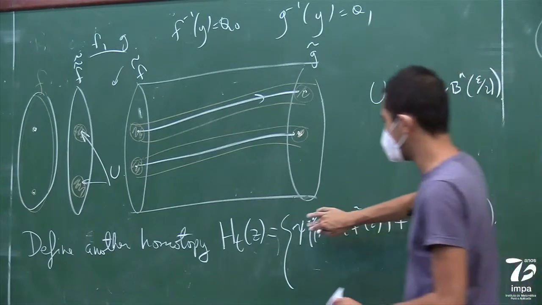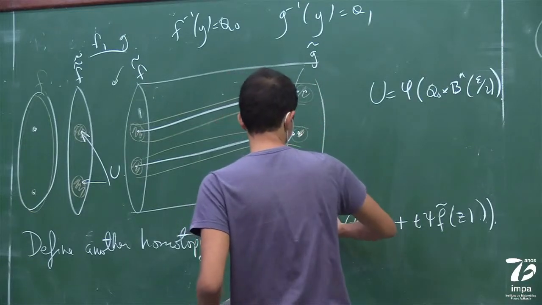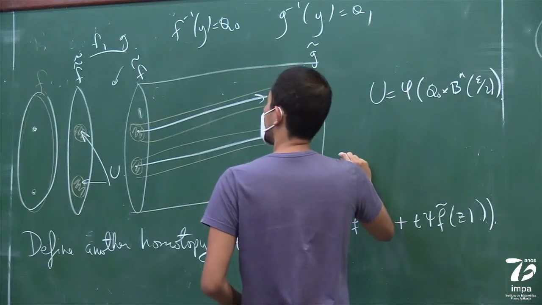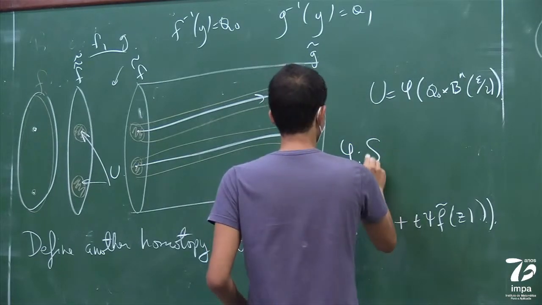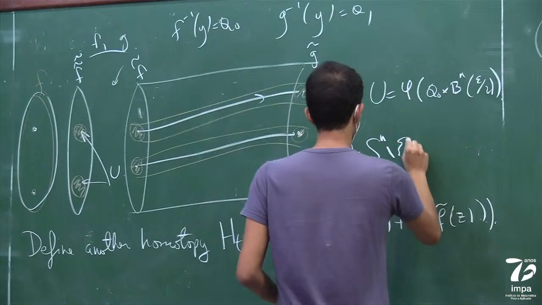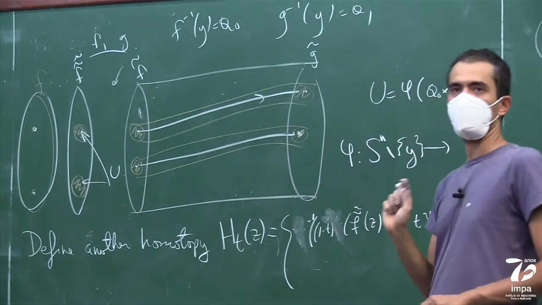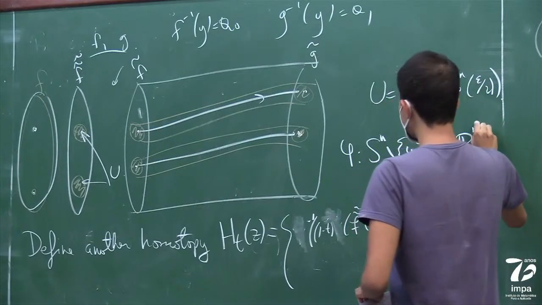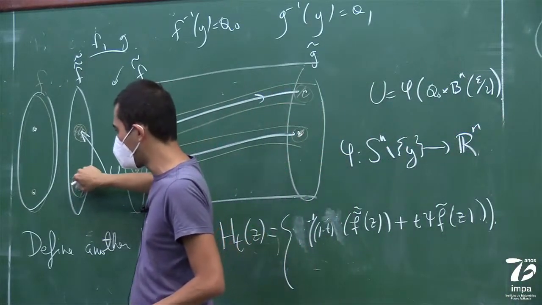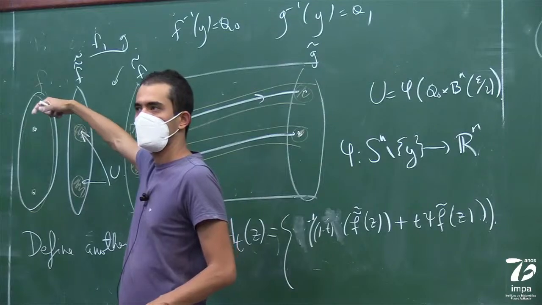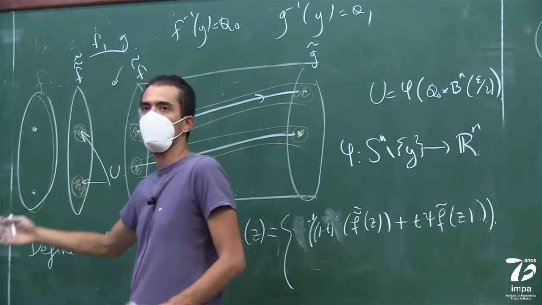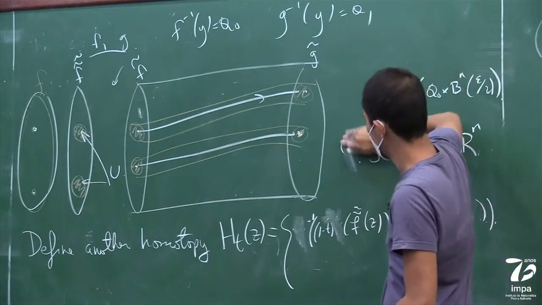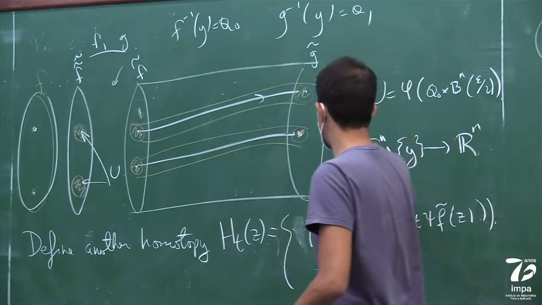Oh, and sorry, this is not psi. It's a different stereographic projection. So I have to look at, I don't know, phi, which is the stereographic projection now about y and not about minus y. So I flip the stereographic projection, because now, if I'm away from this neighborhood, then I'm away from y. So I can use a different stereographic projection, not phi. I'm running out of sigma.